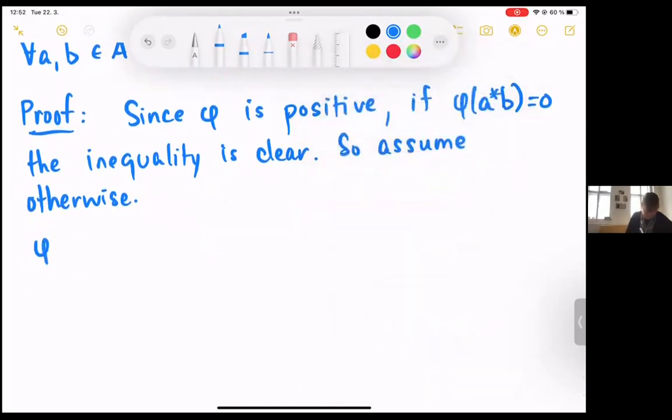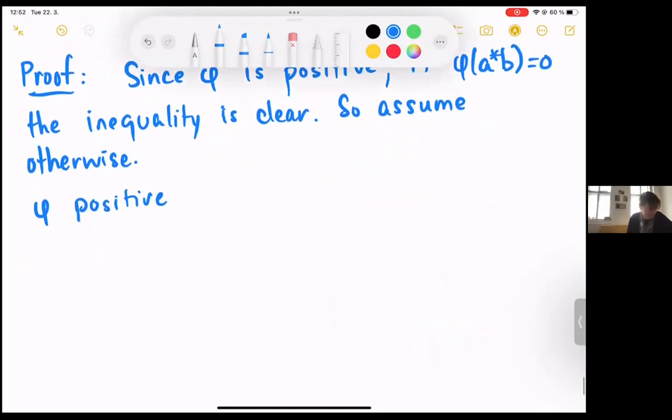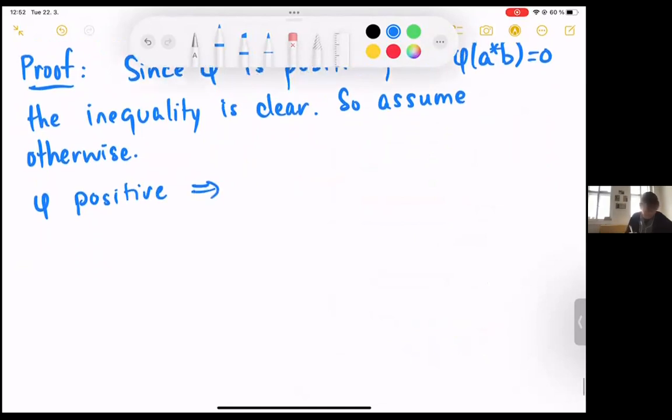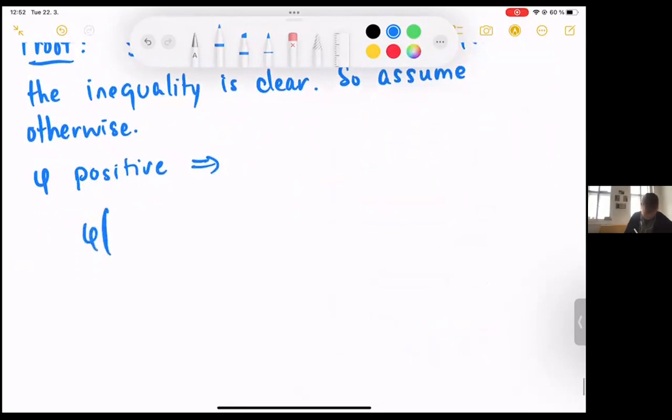Okay, since phi is positive, it sends positive elements to positive real elements. We see that by our characterization of positive elements in a C-star algebra, that this is greater than or equal to 0 for every lambda in C.